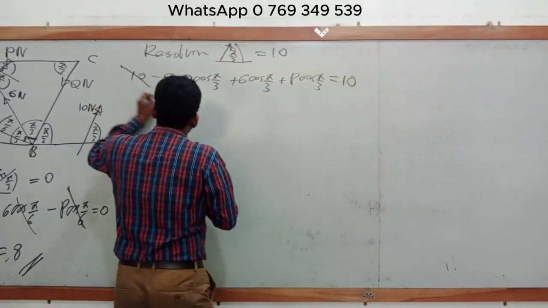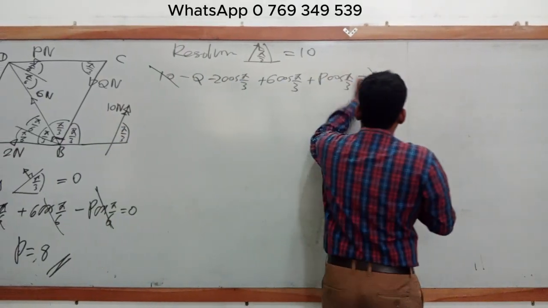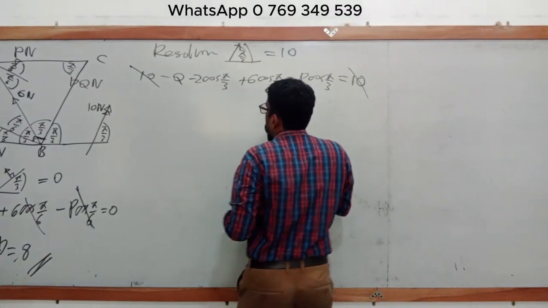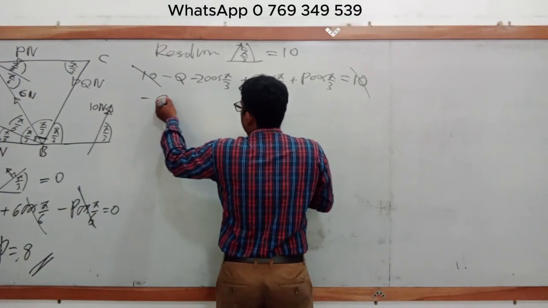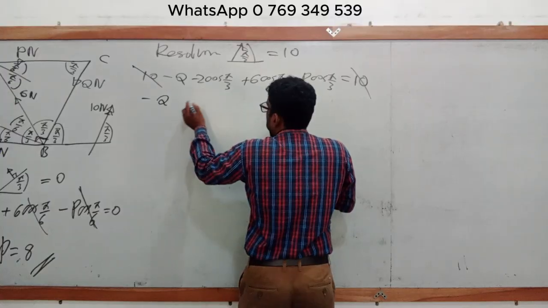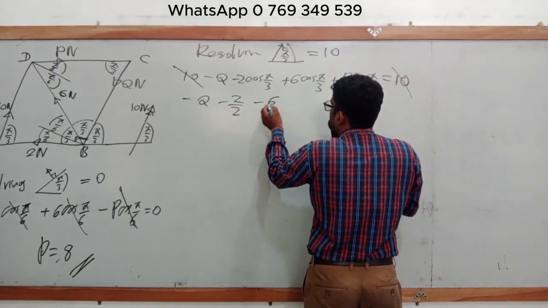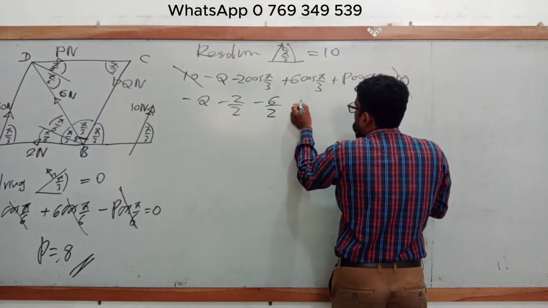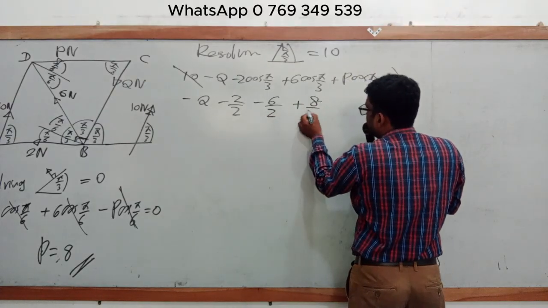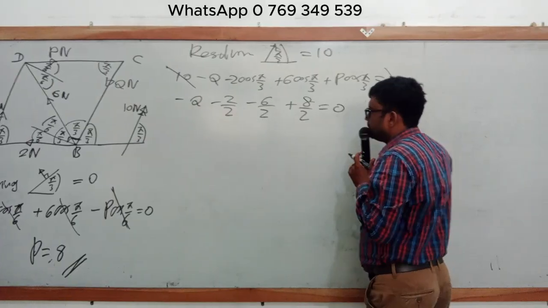These 10 and these 10 cut. Now here minus q, and minus 2 divided by 2, since cos pi by 3 is half, and 6 divided by 2, and plus p, which is 8 divided by 2, equal 0.